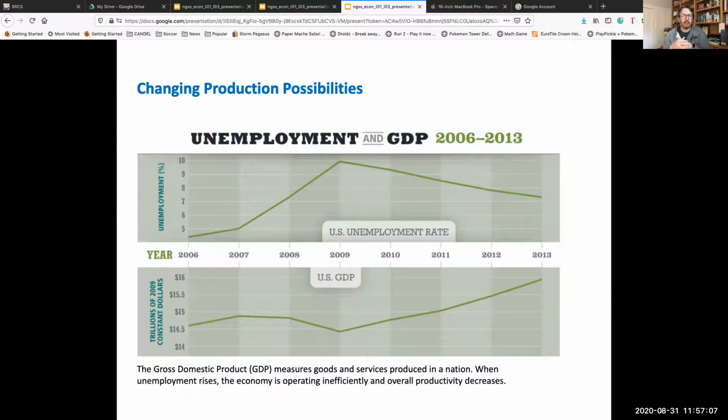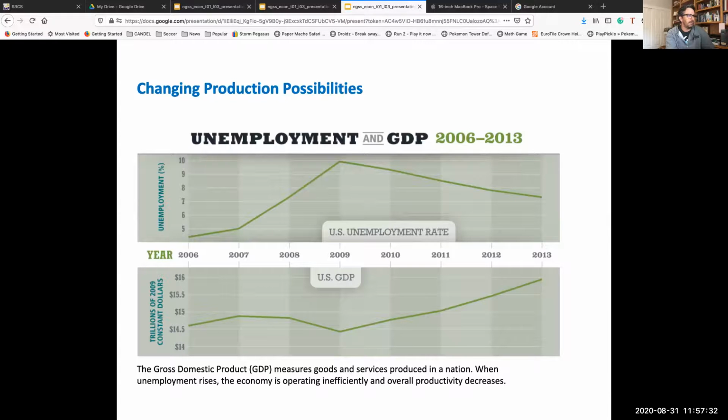He's coming up for election. Usually Americans will vote on how they're doing economically, or how they perceive the country doing economically. So we'll see if that plays out this election. But here we have the US unemployment rate spiking in 2009.